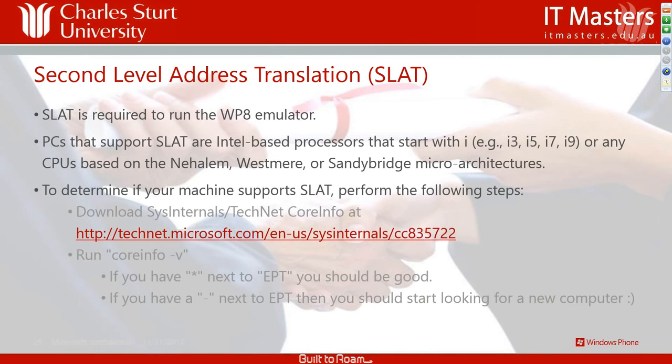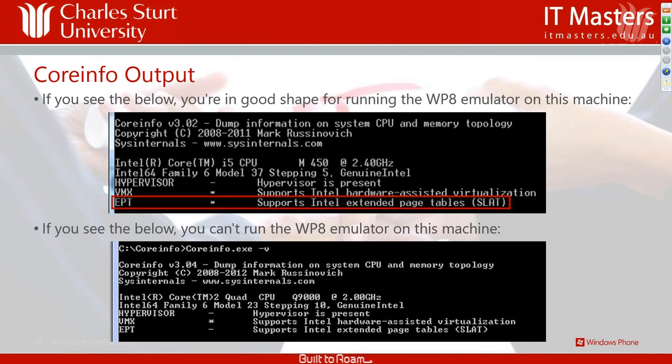If you run this, you'll see the final record here, which says supports Intel-enabled extended page tables, i.e. SLAT. You should see a star in that row in order to run the Windows Phone 8 emulators. Now, if the SDK installs but you don't have support for the emulators, that's not the end of the world. It does mean that you'll have to do your development and testing on a real device.